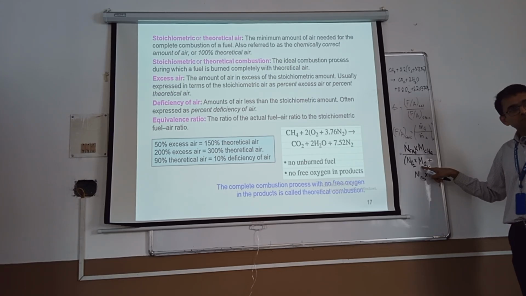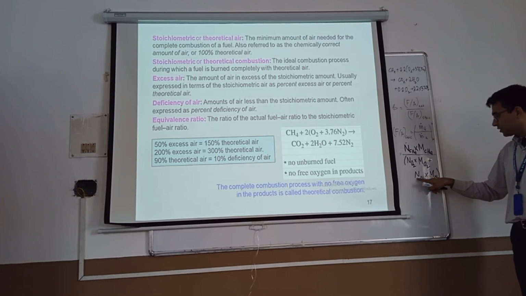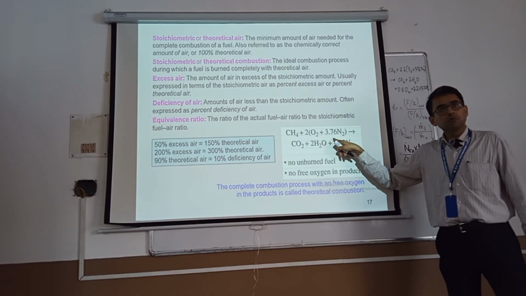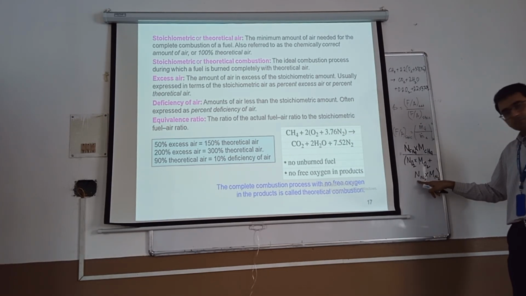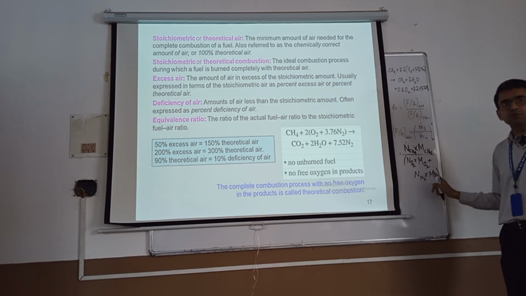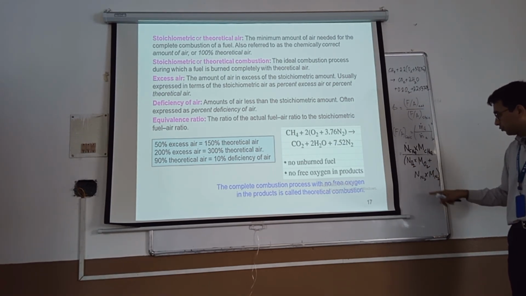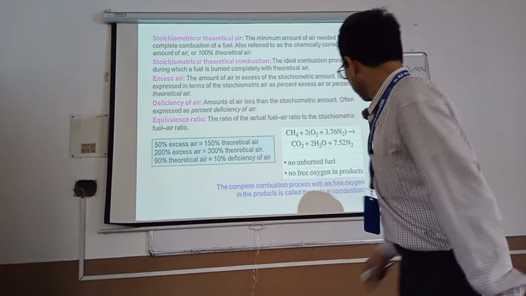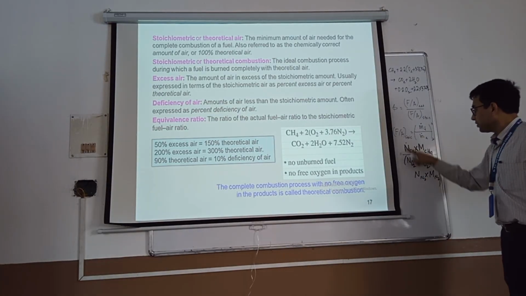What is N N2? 2 into 3.76, 2 multiplied by that. Clear? So both have 2 common. So you can take 2 common, otherwise you can keep that with N2. Next, what is M of N2? Roughly 28. Therefore, now this is stoichiometric.